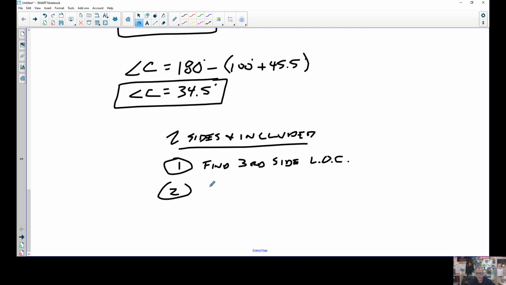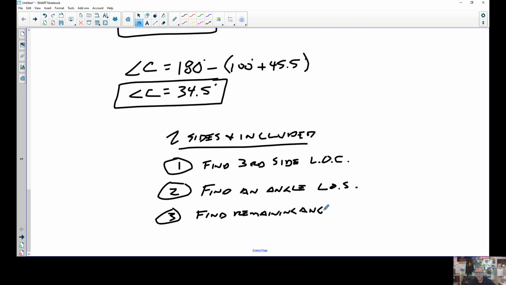Second step is to find an angle, whichever one you wanted, using law of sines. And then third, find the remaining angle, or last angle, whichever way you want to think of it. And you're going to do 180 degrees minus whatever you had. All right, so that's what we do for that.